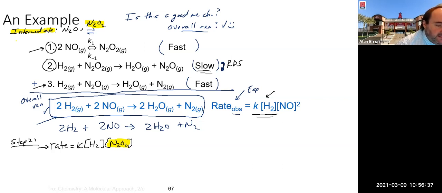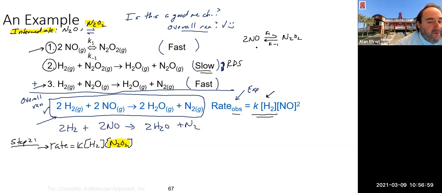Step number 3, no N2O2 to be found. Now, step number 1 is a reversible reaction where we have 2NO goes to N2O2, and then it comes back the other way, and they label it like this.